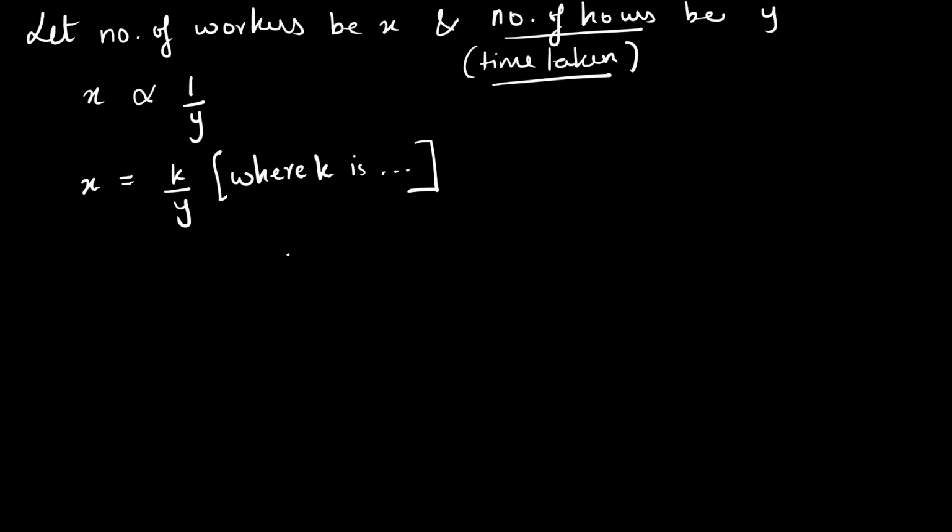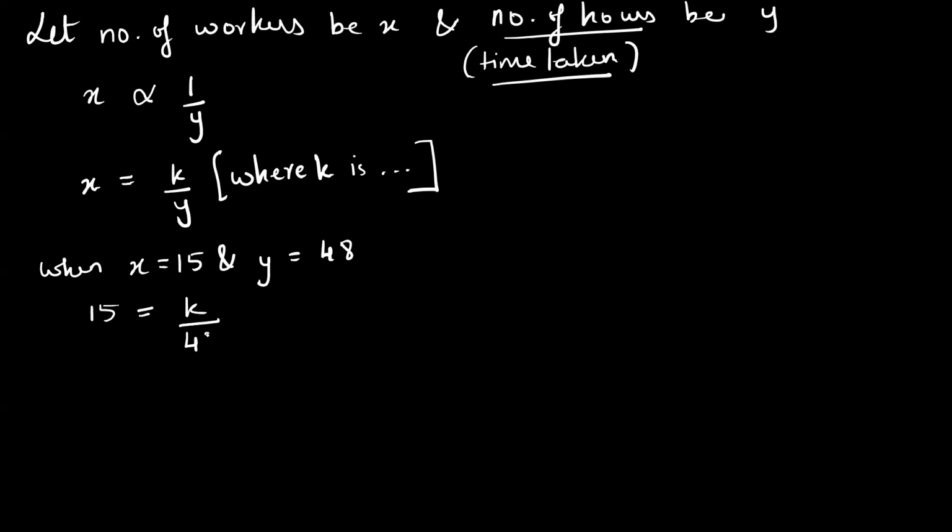So now we have to substitute. When 15 workers can build, so we have taken when X is equal to 15, then Y is equal to 48. So 15 equals K upon 48.